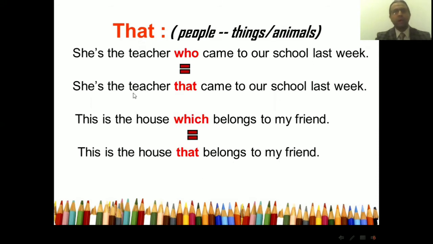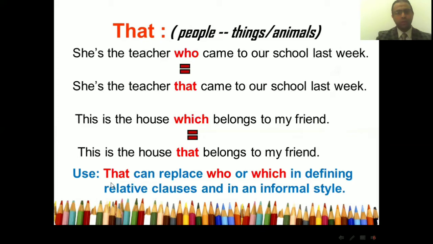So I can say that is used instead of who and which. It refers to people, things, or animals. So that can replace who or which in defining relative clauses and in an informal style.